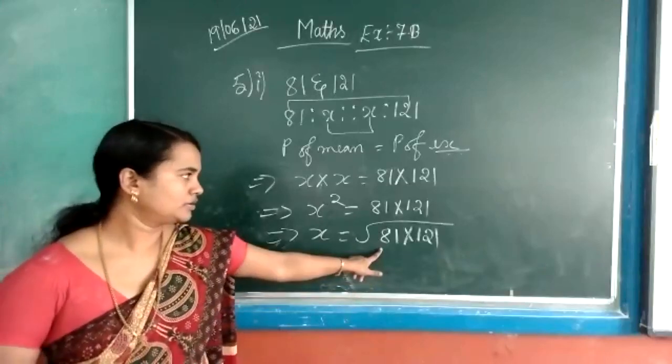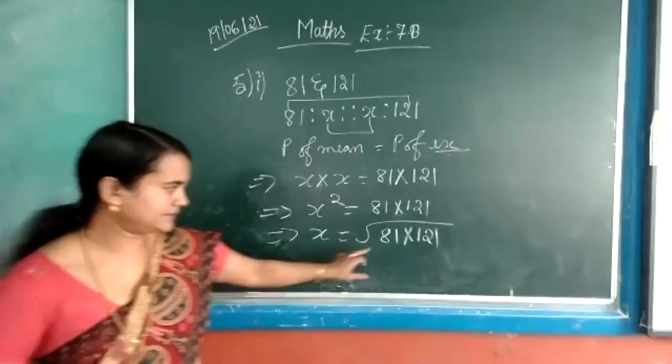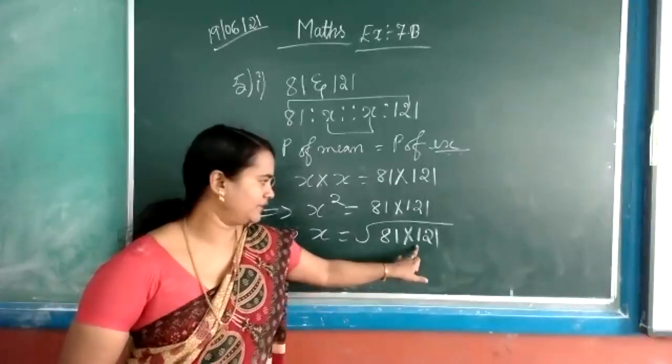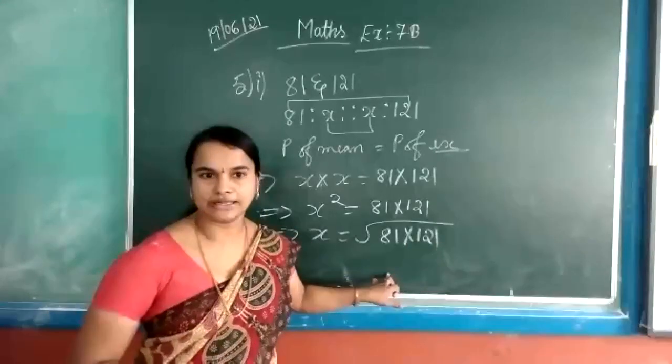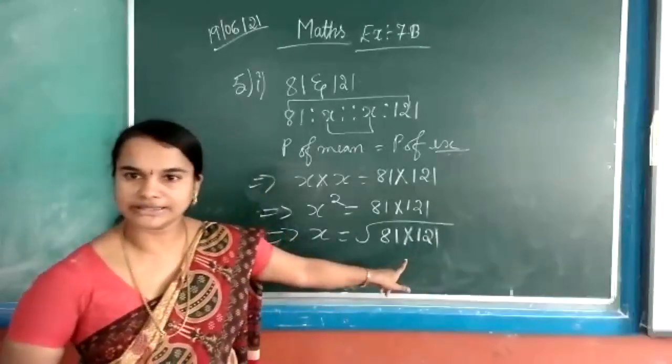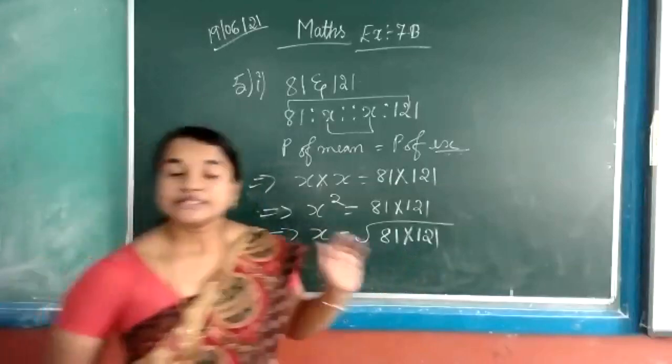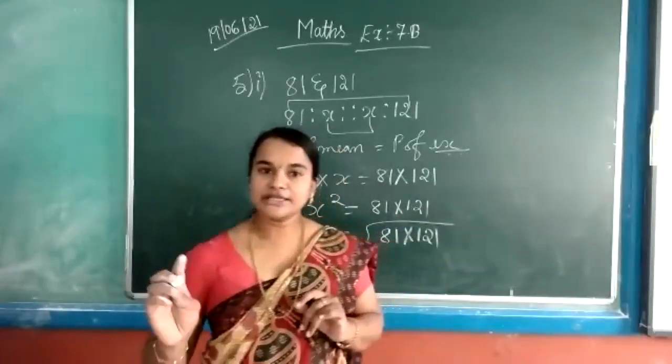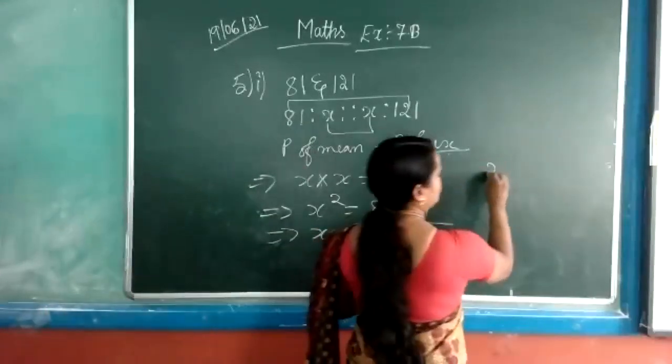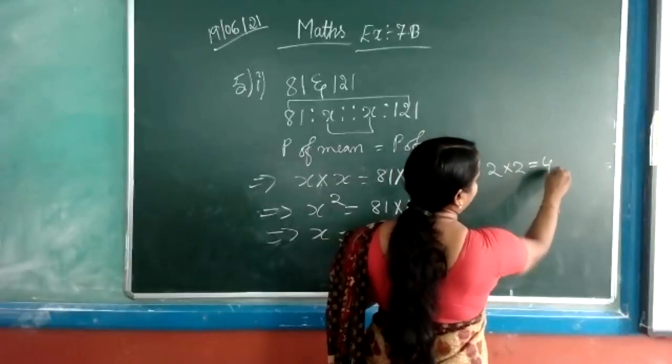Now in the book, like this we are getting x equals root of 81 into 121. They directly did it. Now you understood how we are getting it. Now children, when you are finding the square root, always like this: the square root of 4 equals 2.